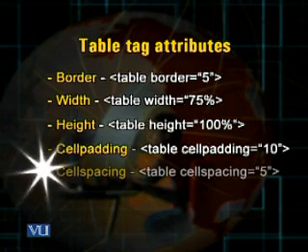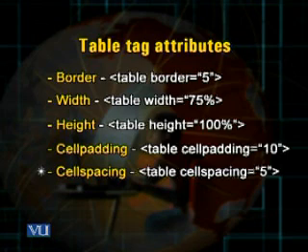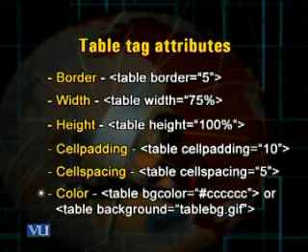Then there is another attribute which is cell spacing. The cell spacing attribute is used to create space between different cells of the table. By default, again, its value is 1 or 2 pixels, but we can adjust this value. Then comes the BG color attribute. You remember in the body tag, we use this attribute BG color to provide the background color of the web page.